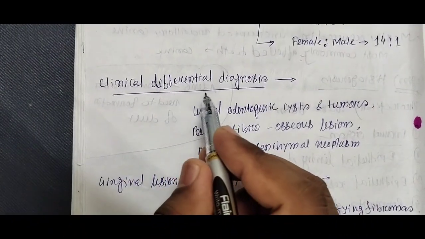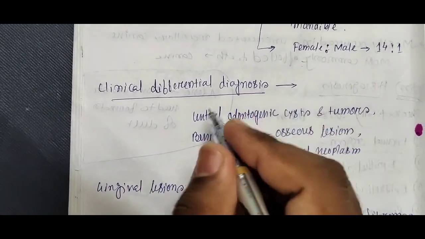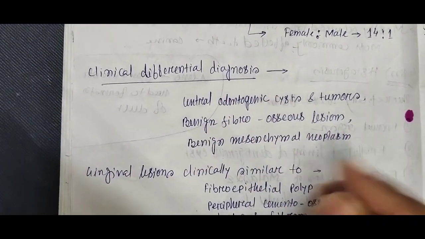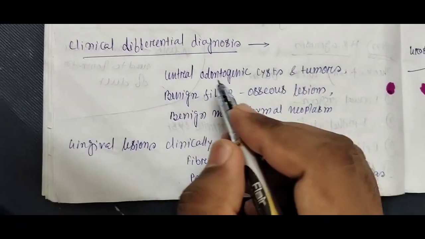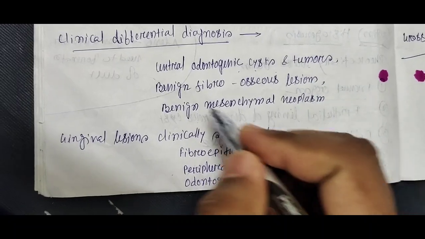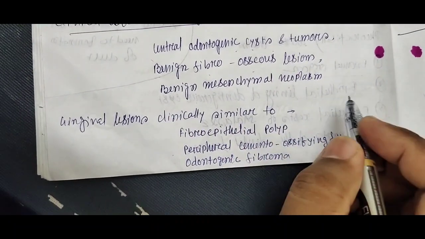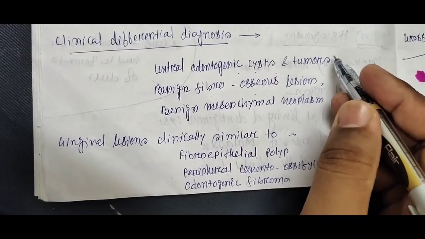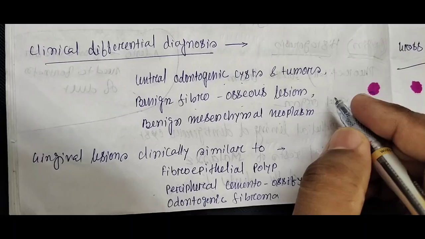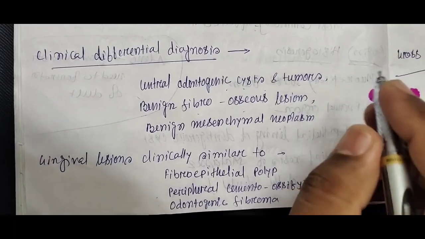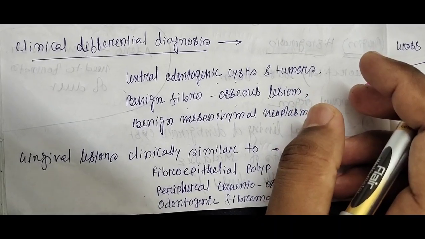Discussing the clinical differential diagnosis. That means they share similar signs and symptoms, but they are different diseases. The differential diagnosis includes central odontogenic cysts or tumors, benign fibro-osseous lesions, and benign mesenchymal neoplasms. These three share similar signs and symptoms with the adenomatoid odontogenic tumor.